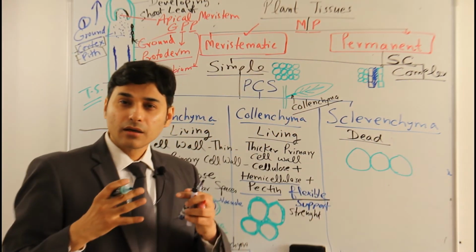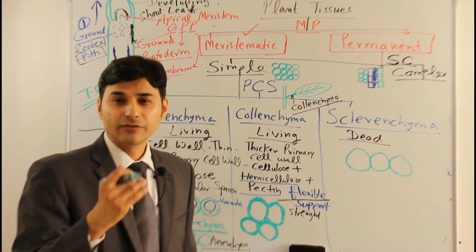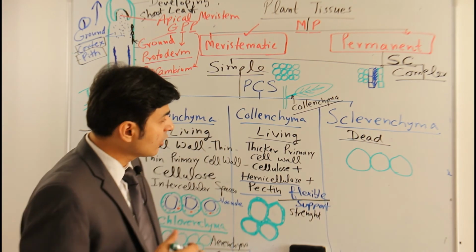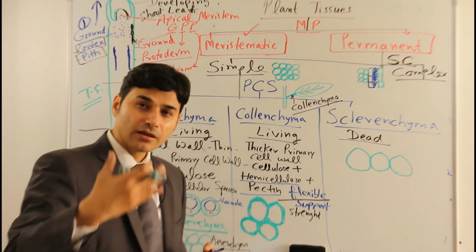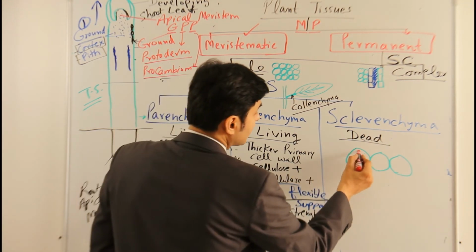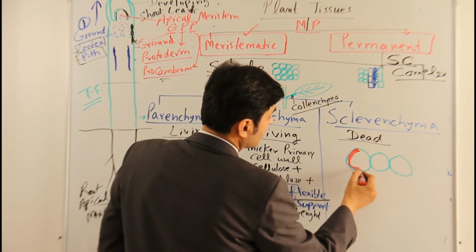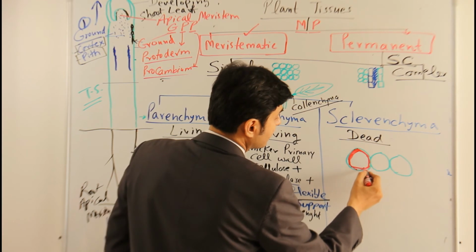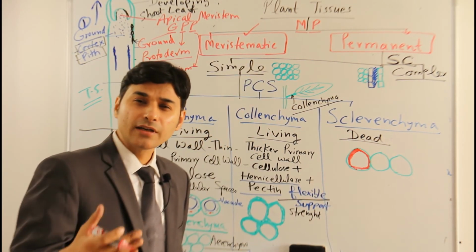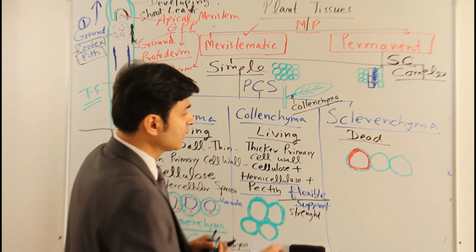The main component of the cell wall is the secondary cell wall. It has a primary cell wall, but the primary cell wall is replaced by the deposition of the secondary cell wall, and this secondary cell wall is made up of lignin, which is a very important and very tough plant chemical.